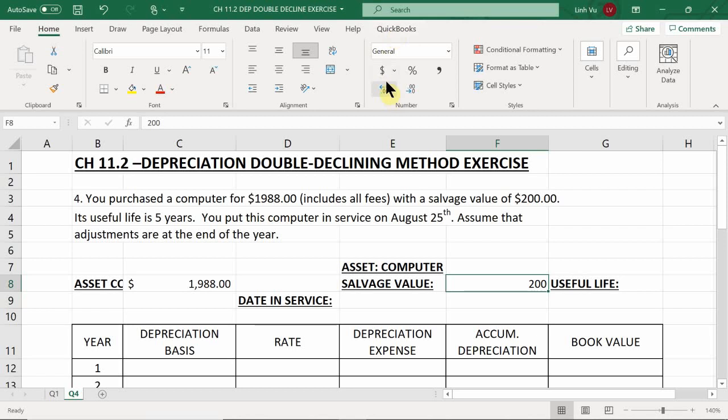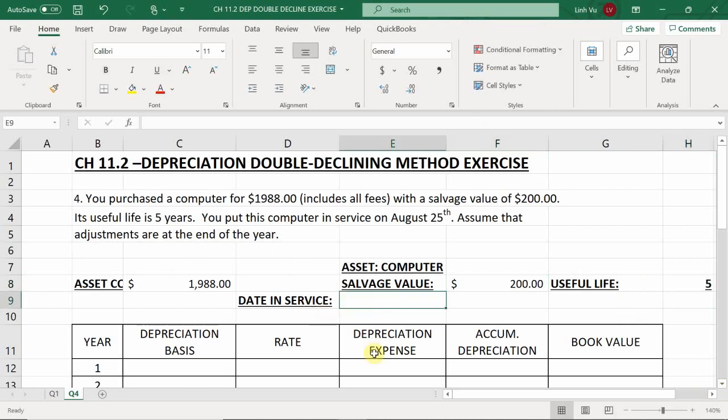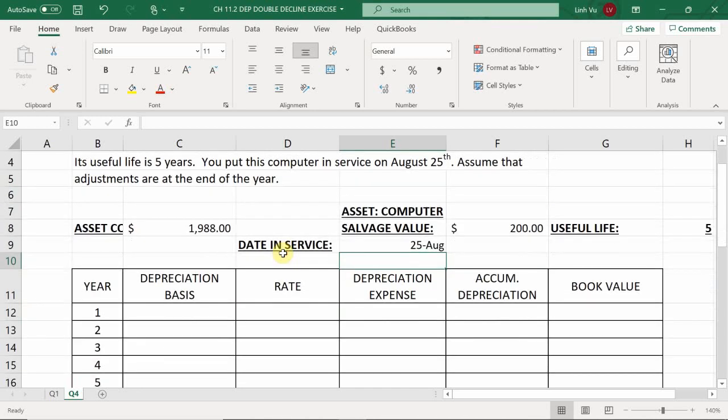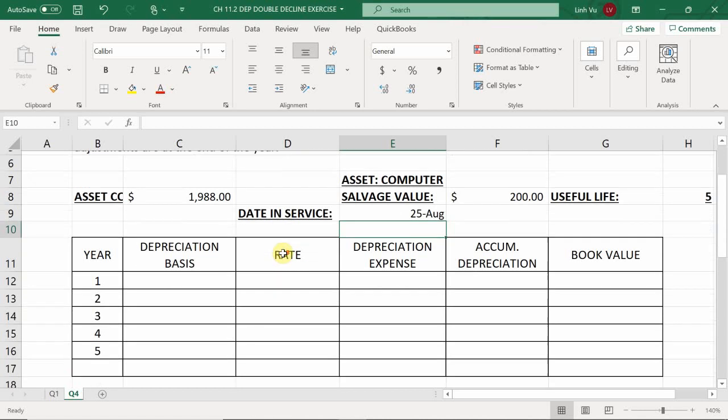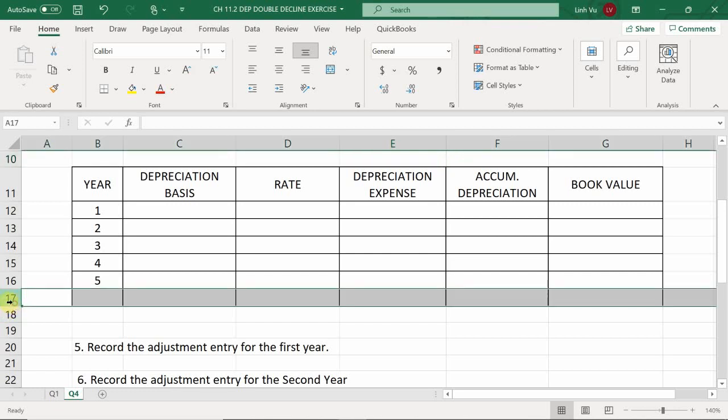What is its useful life? 5 years. And what was the date that we placed it into service? August 25th. So what does this tell us? That we're going to depreciate starting in September. Good.